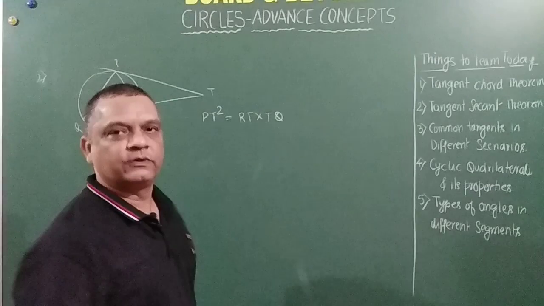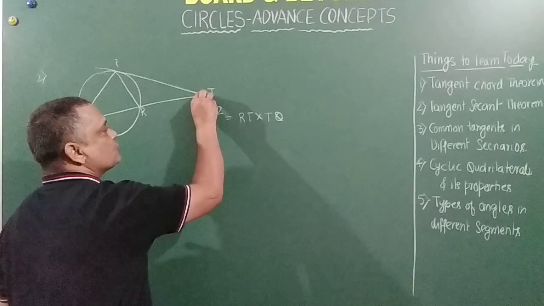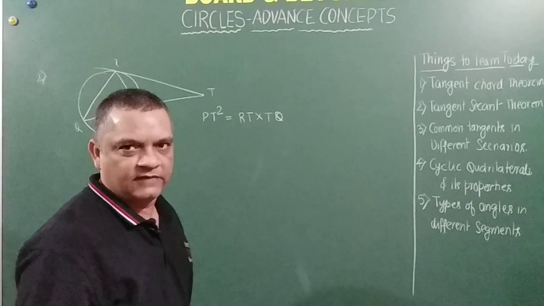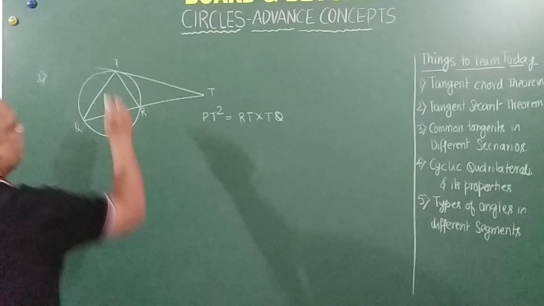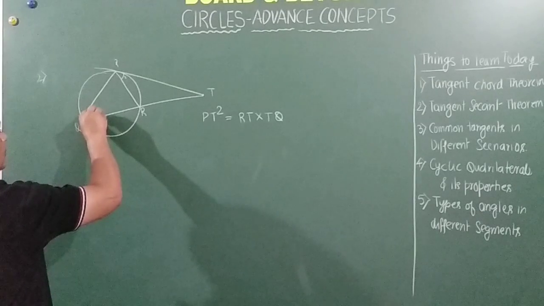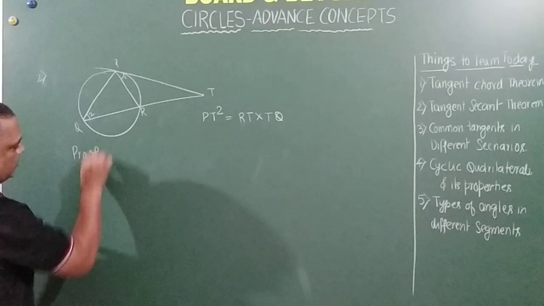So this is how you can give the statement. The only thing is that this secant and the tangent have to start from the same point, friends. They cannot start from different points, right? That's the condition. Now let's try solving it. Let's call this angle 1 and this angle 2. Okay, so let's try to prove it.